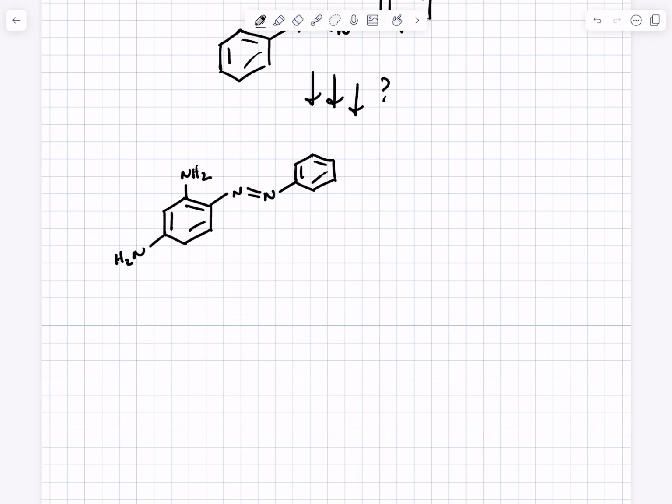And it worked, but not for the reason he thought. And this is something that's sometimes true for drugs. The dye was called Prontosil, and it turns out he was in the situation where his daughter had streptococcal infection.